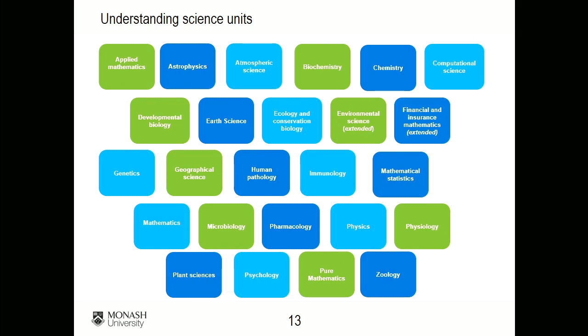I also would like to encourage you to talk to some of the lecturers who are available after this session. You'll be able to talk to lecturers in each of these specific disciplines and ask questions about course requirements, major requirements, what each of the units cover, and where each of these disciplines may head to.